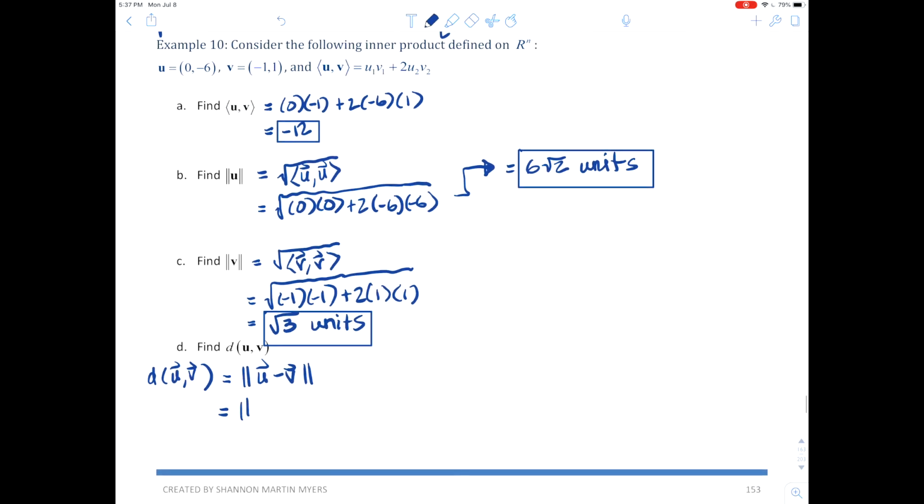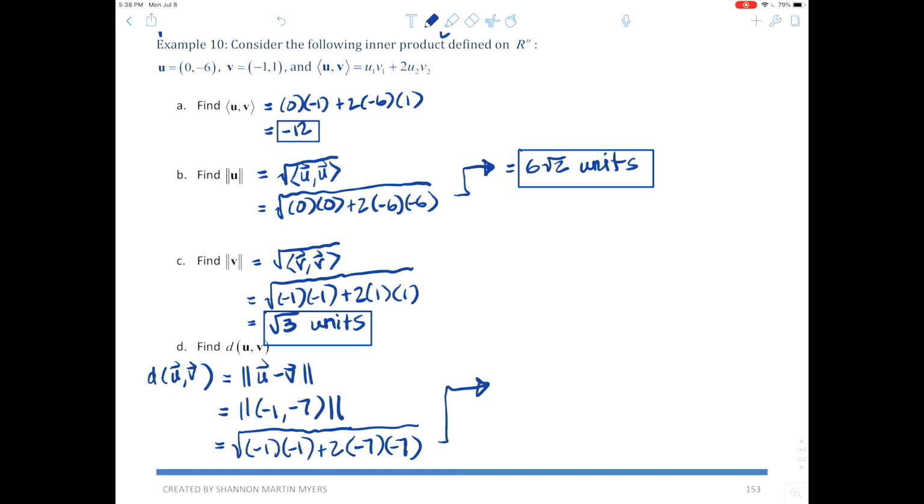What's u minus v? It would be the vector -1, -7, and that will be the square root of -1 times -1 plus 2 times -7 times -7.